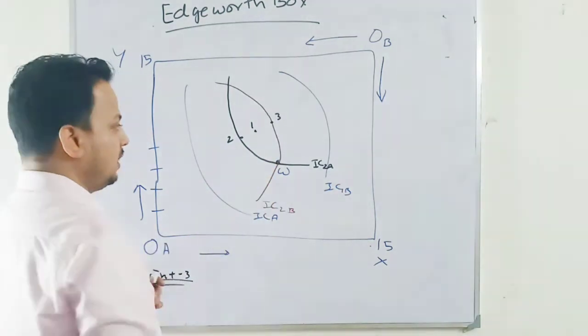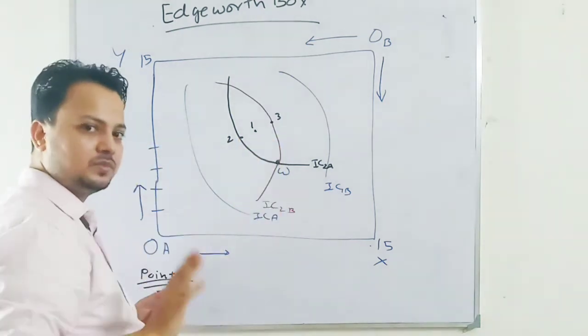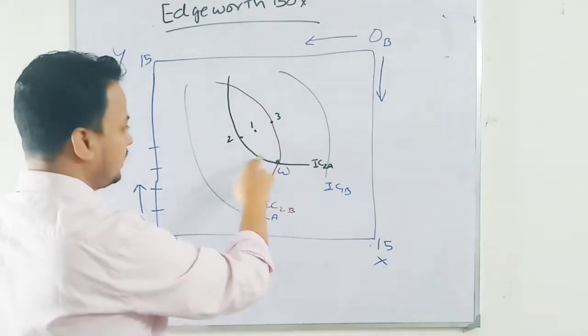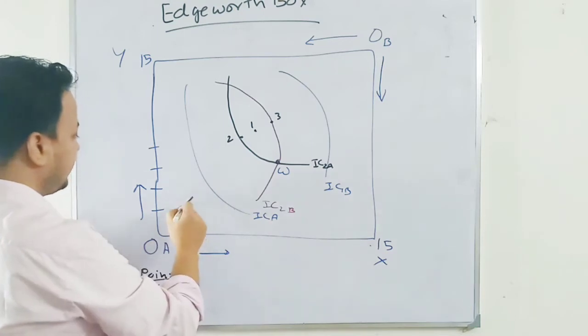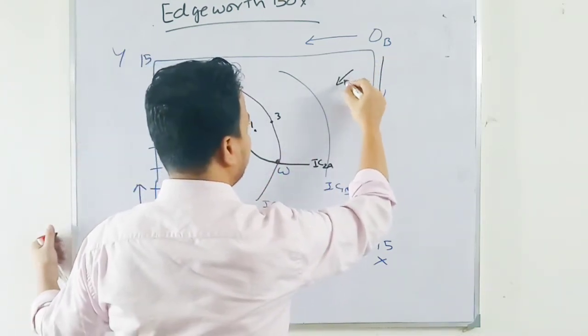A higher indifference curve is represented in this direction for consumer A, and in this direction for consumer B.